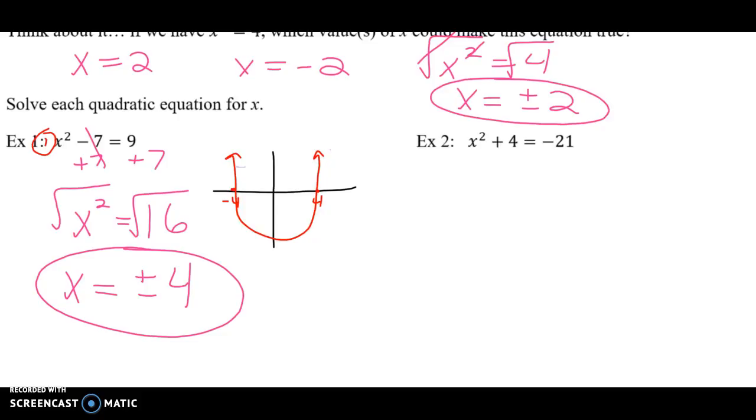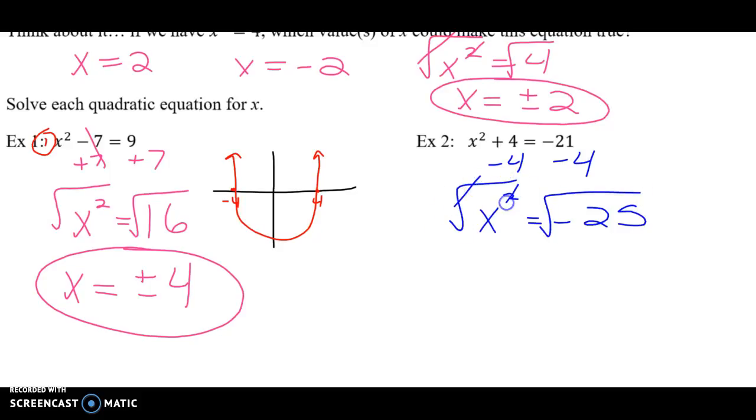Okay. Example 2. We would subtract over 4, right? So we get x squared equals negative 25. Square root both sides.